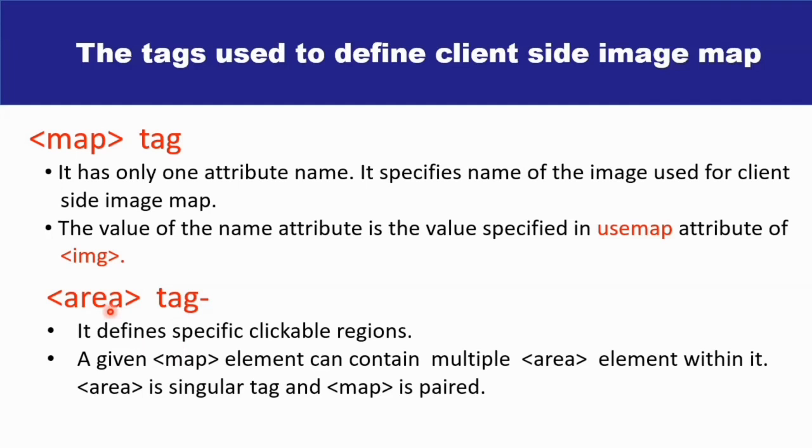The area tag also includes the shape attribute and the coords, meaning coordinates, of the particular shape that we are going to use with the area tag. Also we use the href attribute to link the clickable area. Once you click on the clickable area, the particular file should open. That is called the link file.